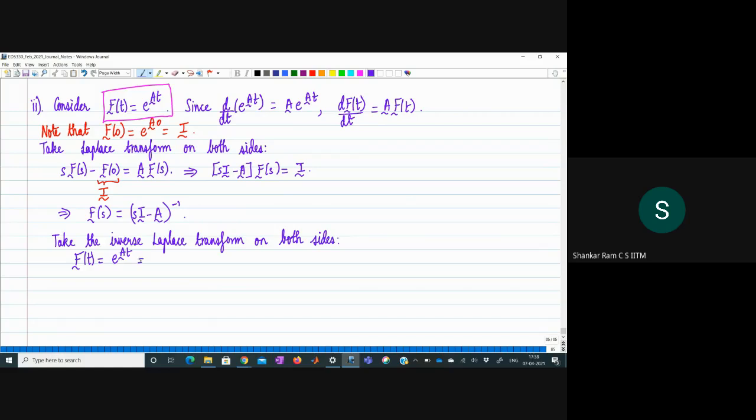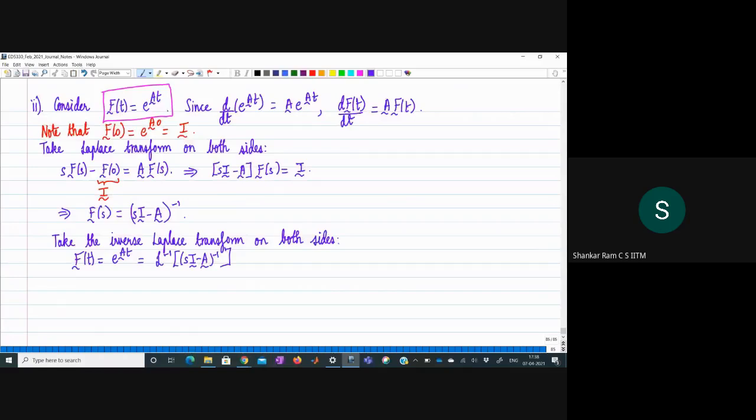So that's going to be equal to the Laplace inverse of (sI minus A) inverse.